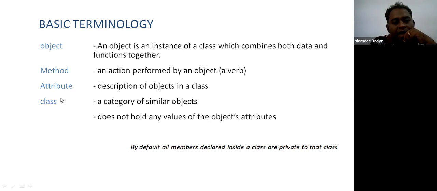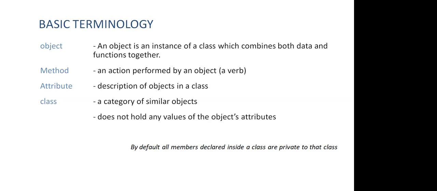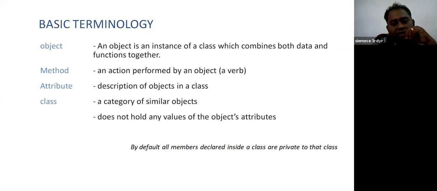Now, what are attributes? Attributes means the description of an object. So what was the object's attribute here in the student? The roll number was an attribute. Is it clear? Can you tell me other attributes? See, roll number is one attribute. What are the other attributes?